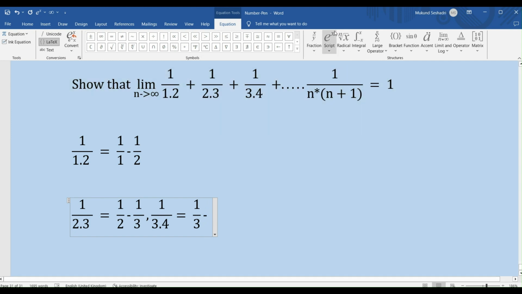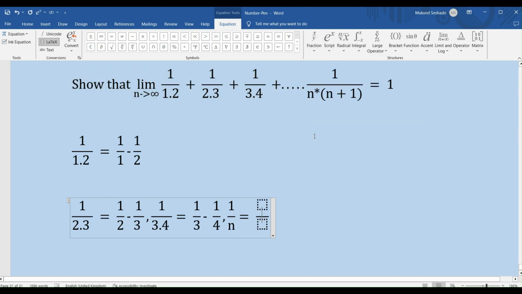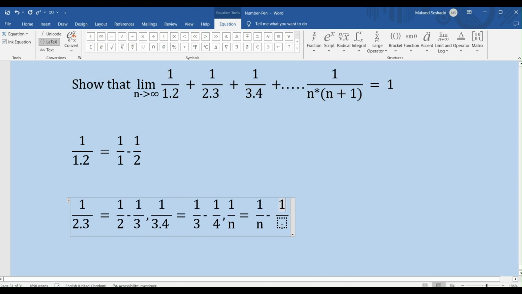All that we're doing is rewriting each term in the series, and I'll tell you why we are doing this. Likewise, when I extend this to 1 divided by n into n plus 1, which is my nth term, it is nothing but 1 divided by n minus 1 divided by n plus 1.